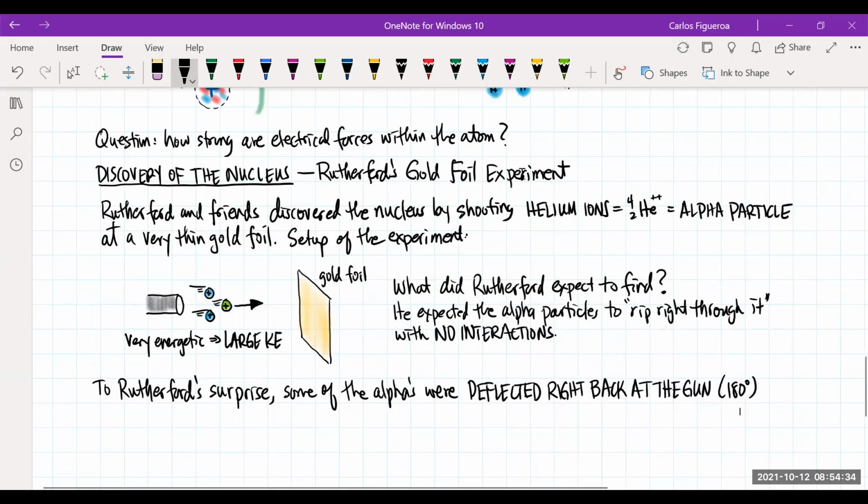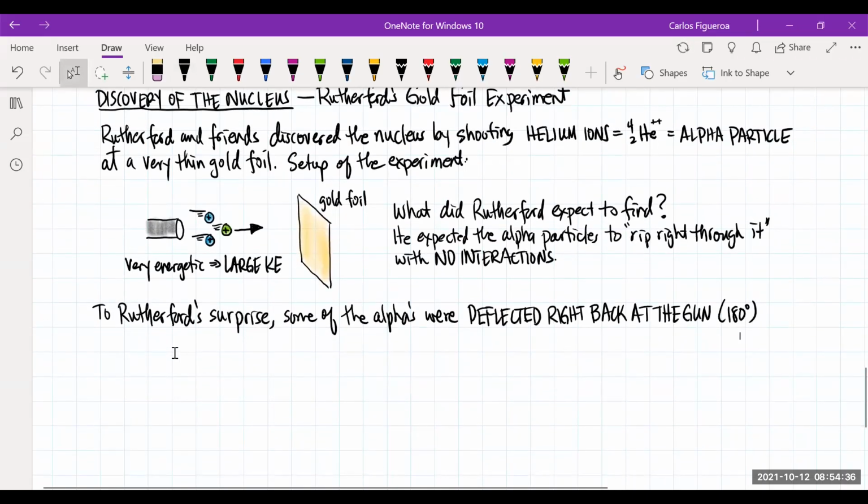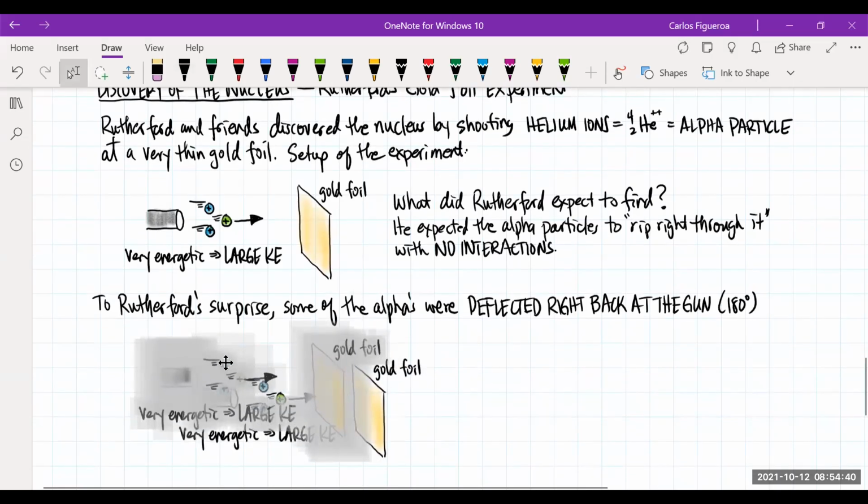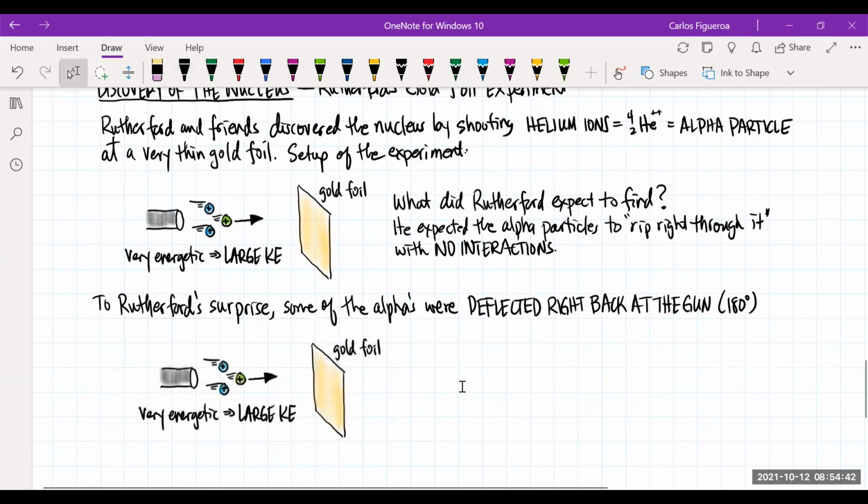So when you look at this thing here, here's what you find. If I paste this guy right in here again, here's what you get. I'm only going to focus on the green one. Let's say it was coming in here, and it would literally never make it to the gold foil, and it would be deflected just like this.